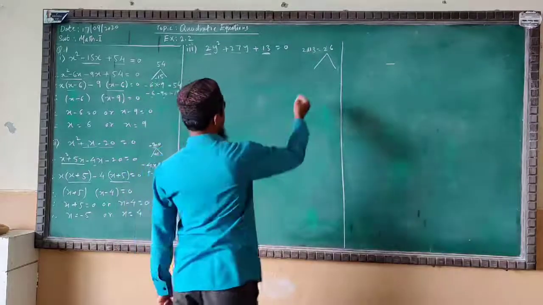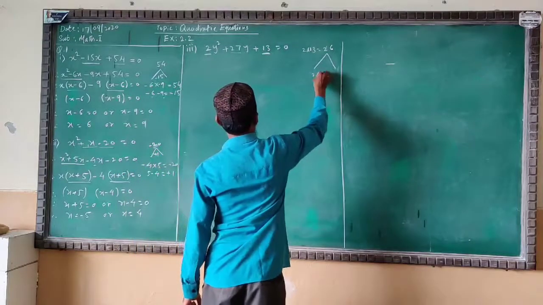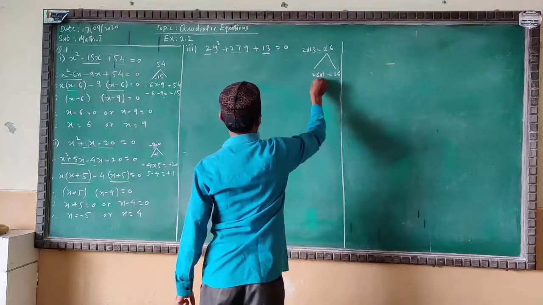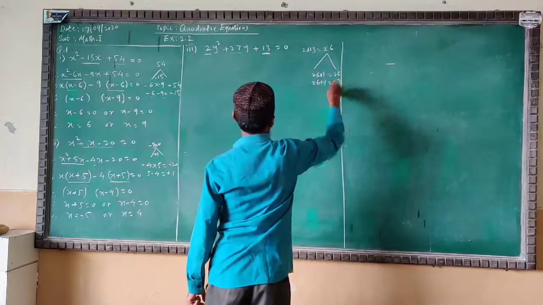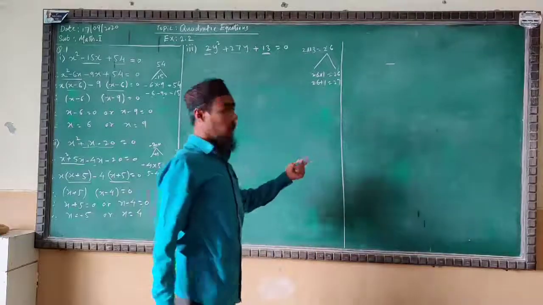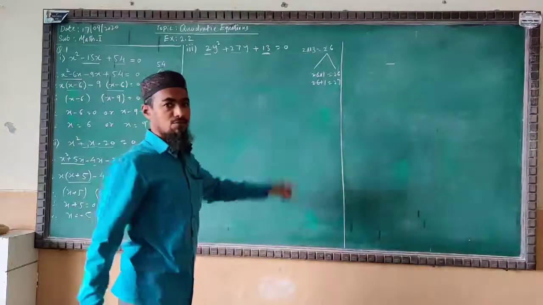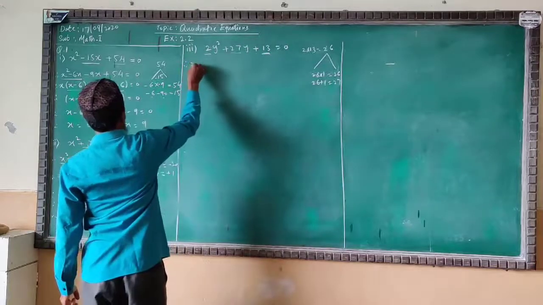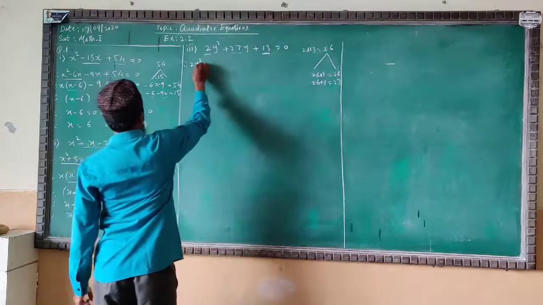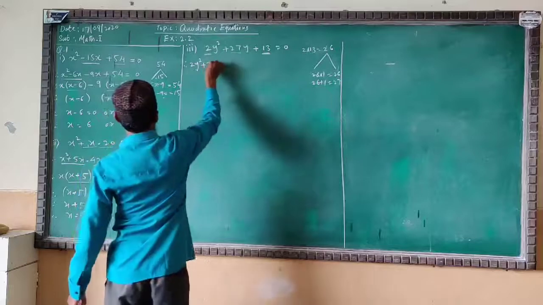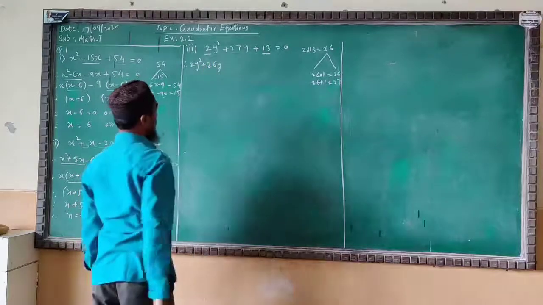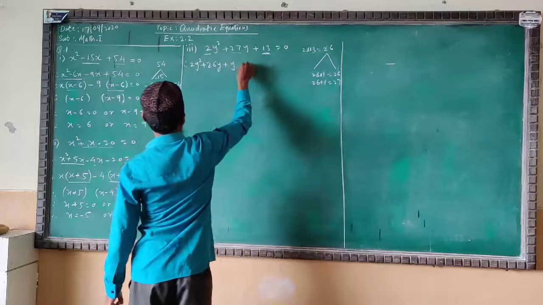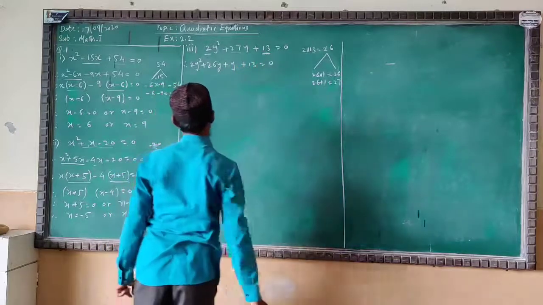So it's very simple. 26 belongs to the table of itself, so we'll take 26 and 1. 26 plus 1 will get 27. Easily we are getting it, all numbers are positive. Take all numbers with the positive sign. So we'll write here 2y square. We got 26 first, take it with y, and 1 means 1y. Now plus 13 is equal to 0.